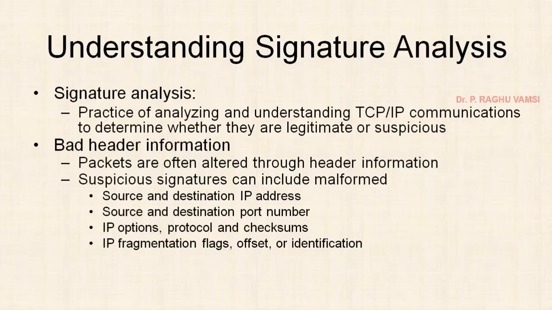Packets are often altered through the header information. When the header information is changed, its meaning or purpose will also change. Suspicious signatures can include malformed source and destination IP addresses, source and destination port numbers, IP options, protocol and checksums, IP fragmentation flags, offset, and identification. These are the main components that we are supposed to check in case of suspicious signatures.